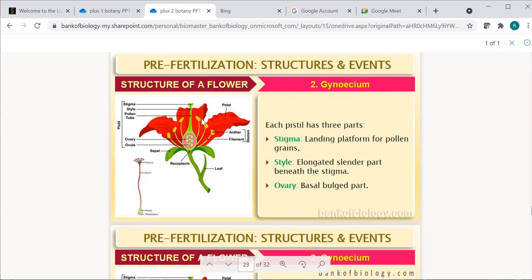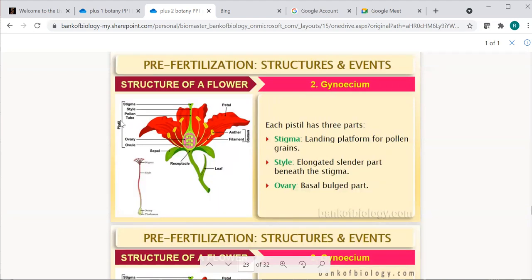Anther, filament. This is the stamen, which is the male reproductive part, and this one is the female reproductive part, which has stigma, style, pollen tube, ovary. This is the female reproductive part, which is pistil or carpel.